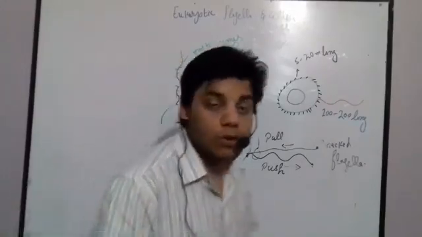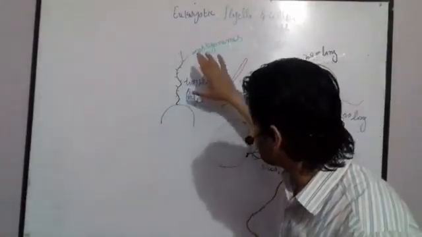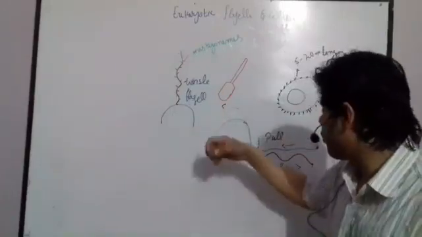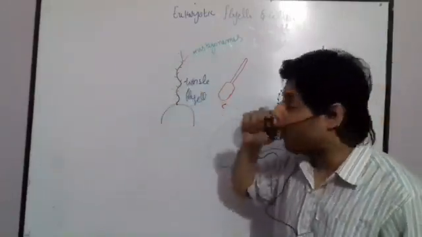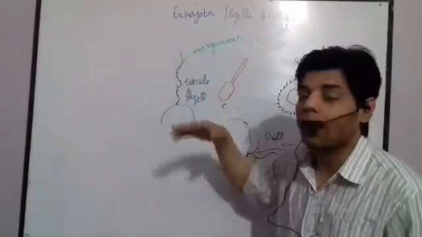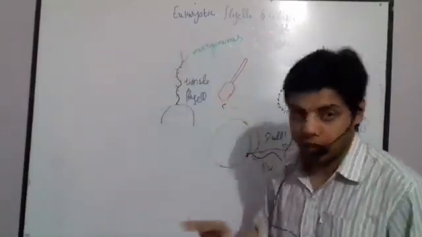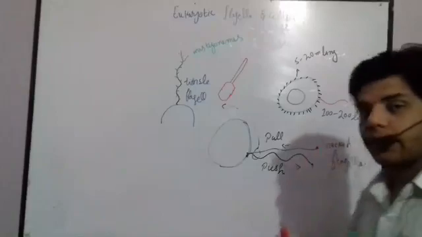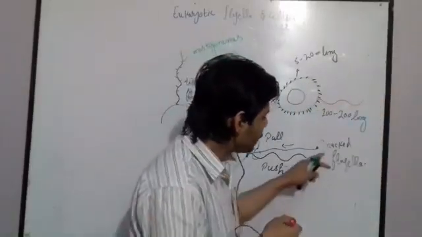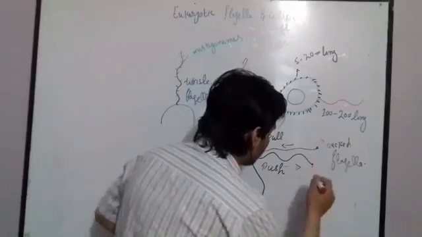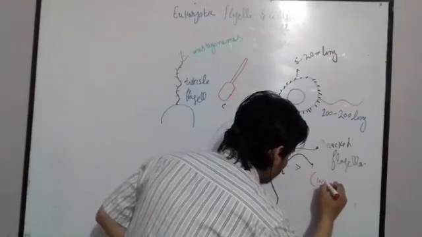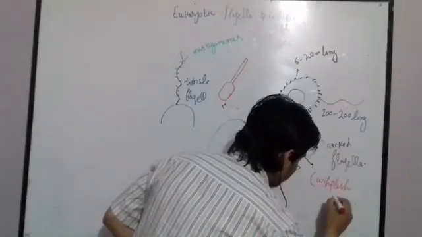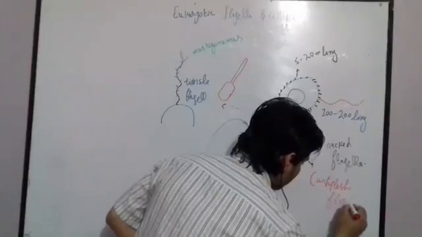Let me once again tell you: when a cell has tensile flagella, this cell will be pulled, because such flagella move from tip to base, so the cell is pulled instead of pushed. Here one thing I forgot to mention: this naked flagella we also call whiplash flagella.